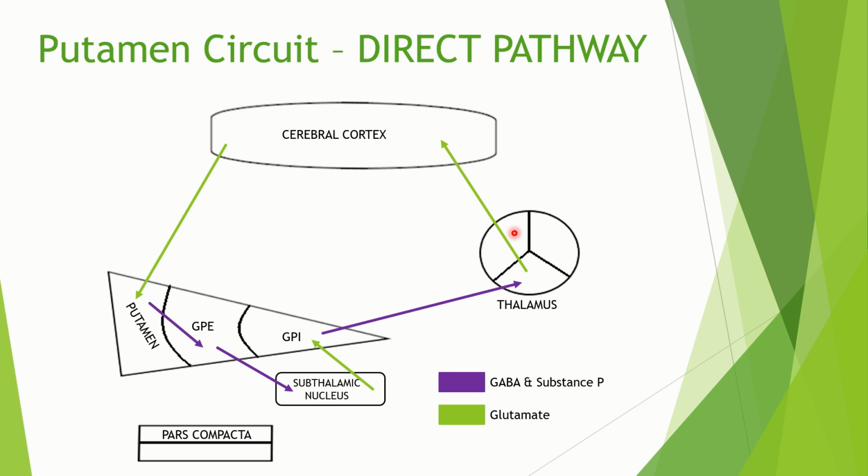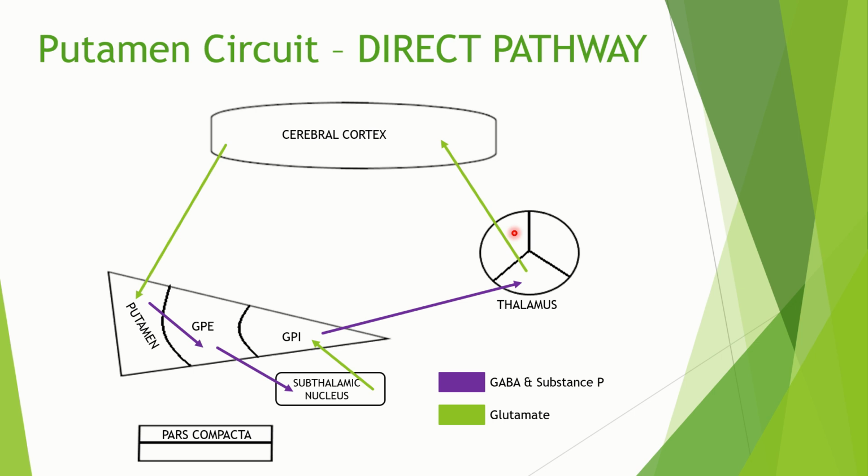But you need to know the first difference between, or rather the second difference between the direct and the indirect pathway. The first being that the direct is a stimulatory pathway and the indirect is an inhibitory pathway. The second is that the second set of fibers, or the fibers from the putamen, known as the striatopallidal fibers, come from the putamen to the globus pallidus externus in the indirect pathway, and in the direct pathway from the putamen to the globus pallidus interna.